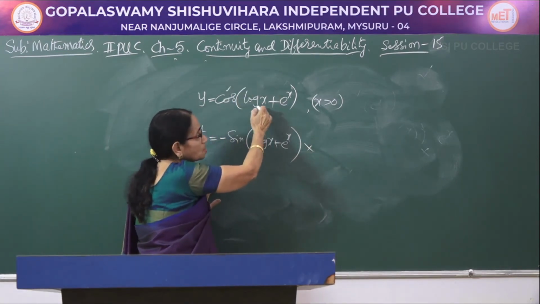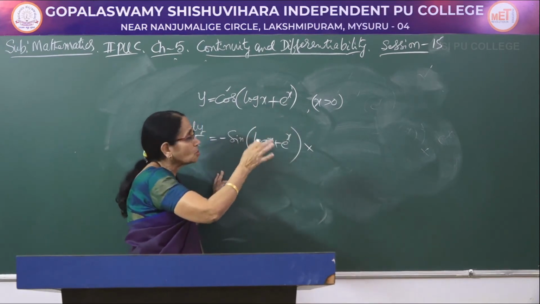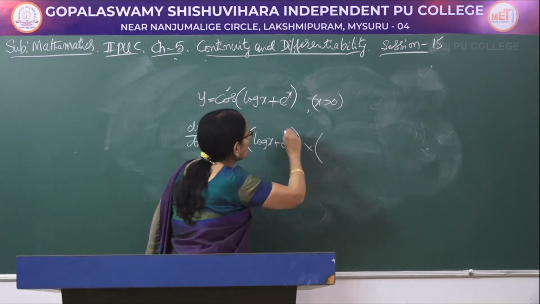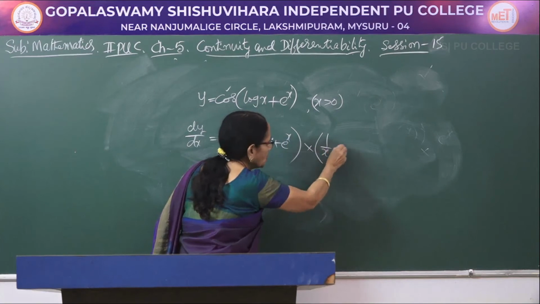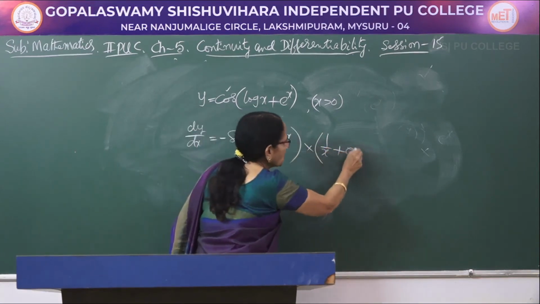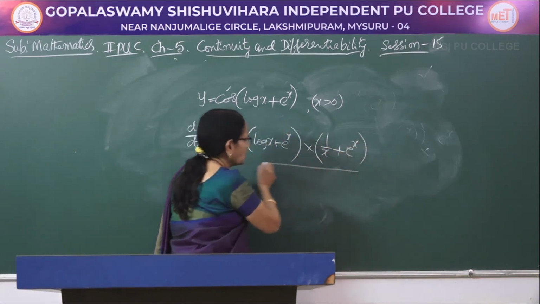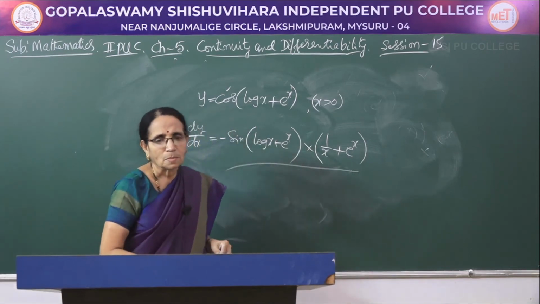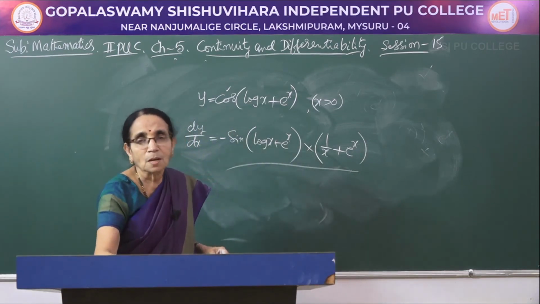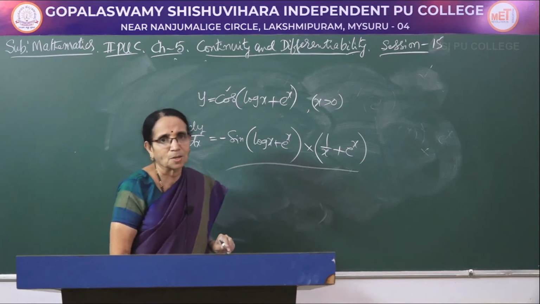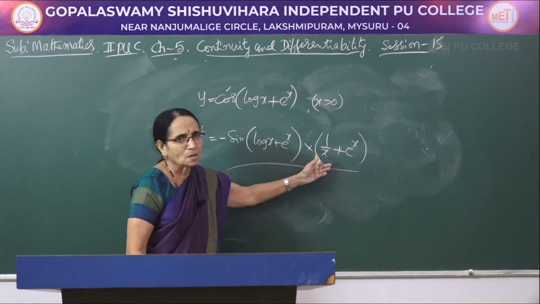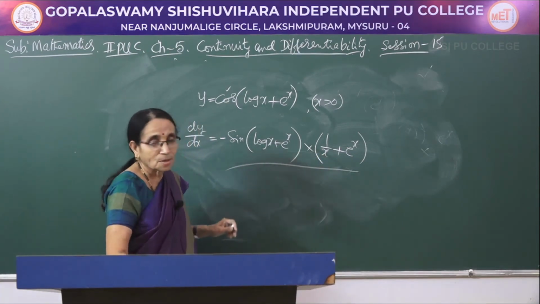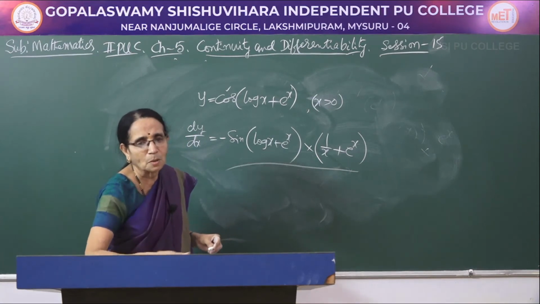Now, it is not a product, it is a sum. So together we have to consider. For log x it is 1 by x plus e to the power x, it is e to the power x. In such problems, in most problems, we cannot do any simplification. Don't take the LCM and all, that is not necessary. This is how we solve the problem.